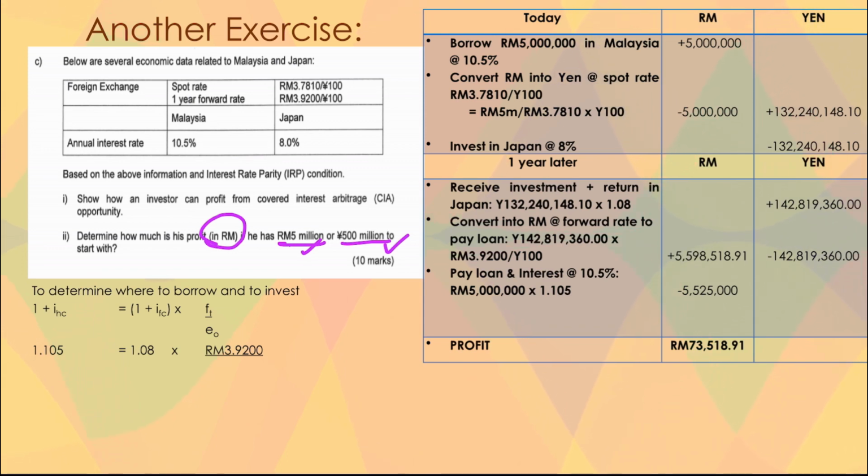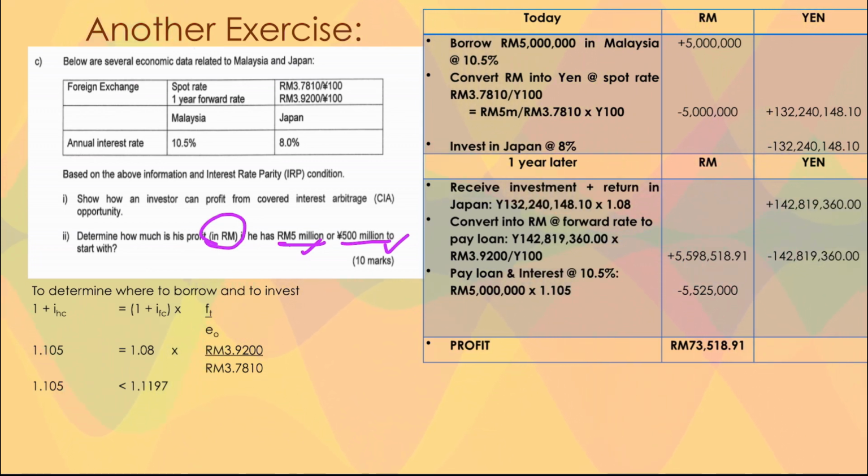So 1.105 equals 1.08 times 3.92 divided by 3.78. So you will get 1.105 for home currency, and for the foreign country you get 1.1197.